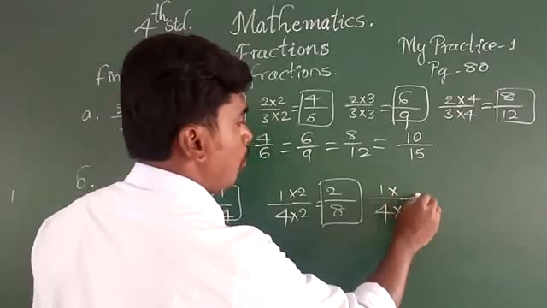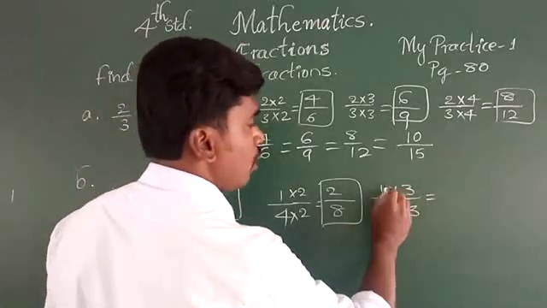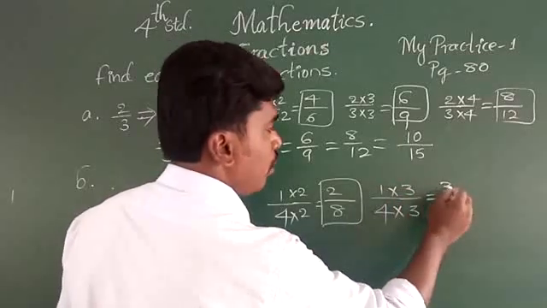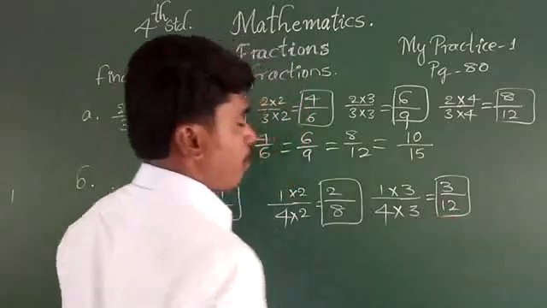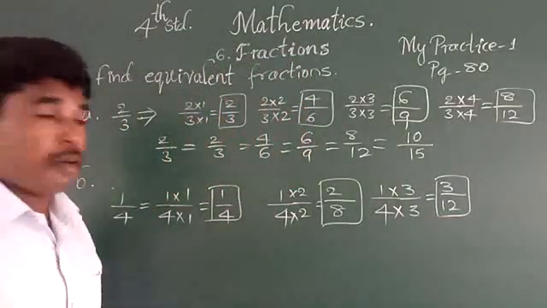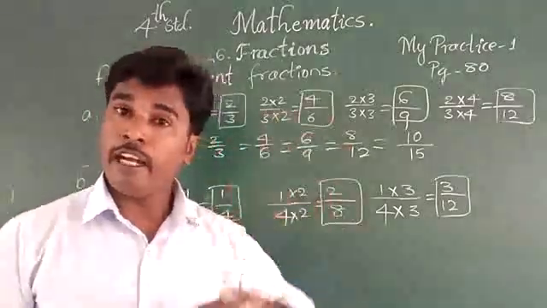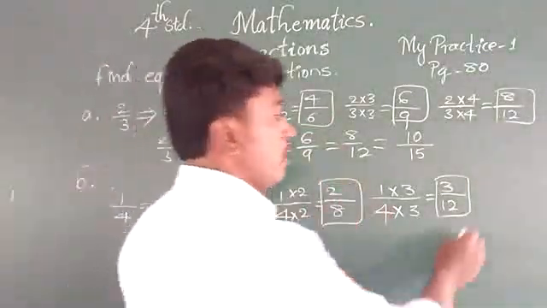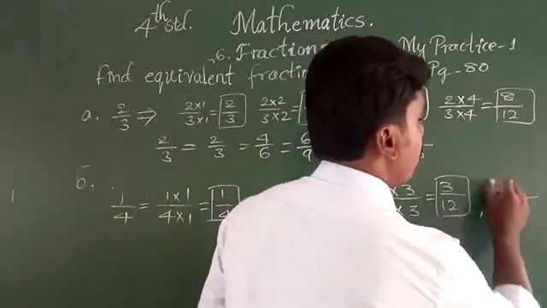Multiply numerator and denominator with 3. So which number are you getting? 1 3 is 3, 4 3's are 12. So 3 by 12. Likewise the next one, for 1 by 4 multiply numerator and denominator with 4. So the next fraction will be 4 by 16.